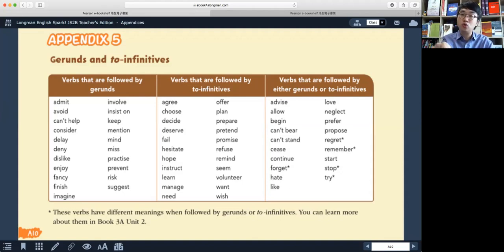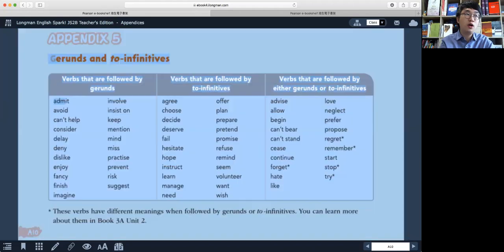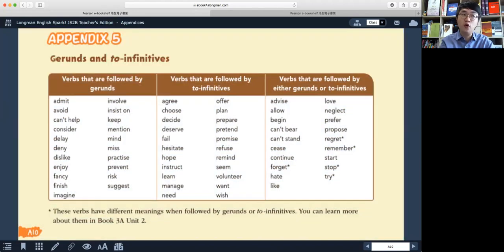Choose to do something. Decide to do something, but not decide doing something, choose doing something, or agree doing something. So this is the major difference between verbs in the first column and also verbs in the second column here.